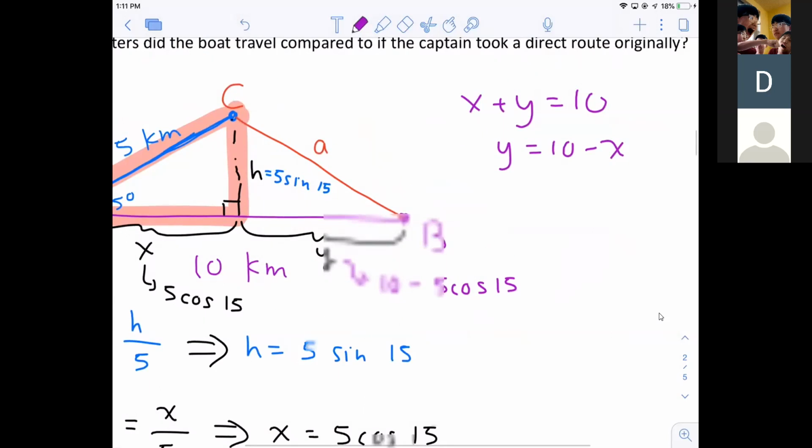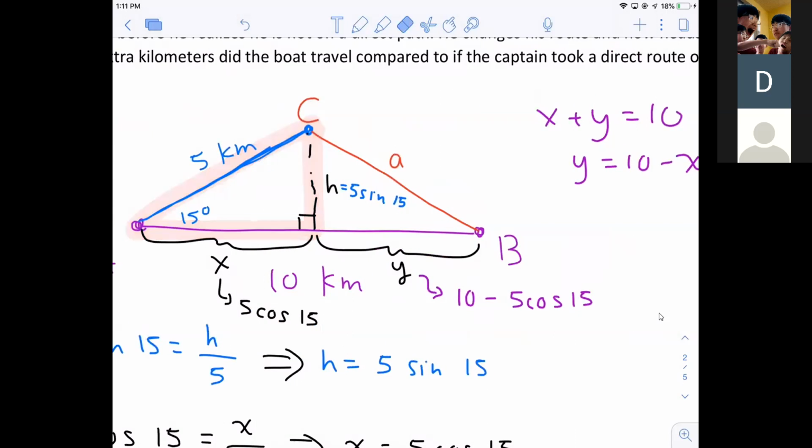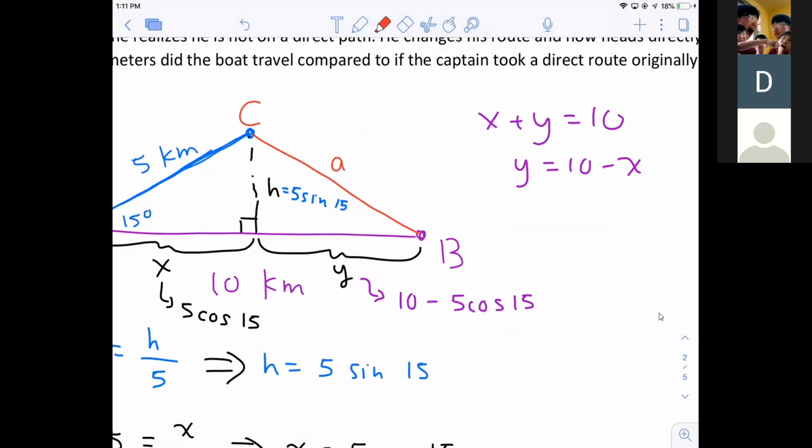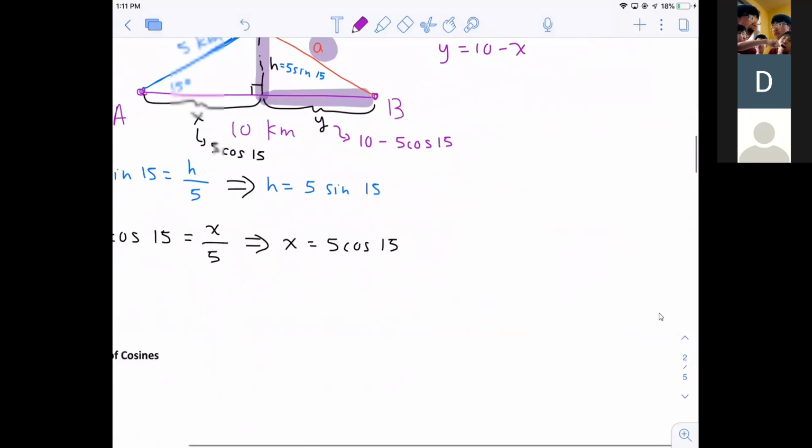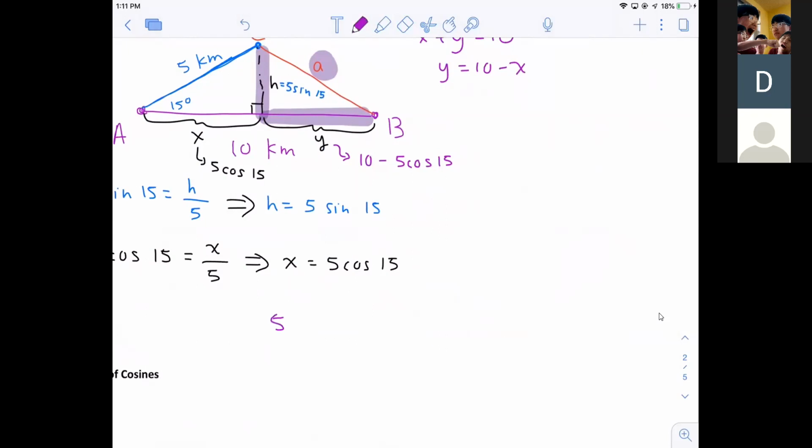All right, now we can use Pythagorean theorem and solve for the length of a. Right, because we know the length of h, we know the length of y, we can solve for the length of a. So solving for the length of a, we're going to say 5 sine of 15 in parentheses squared plus 10 minus 5 cosine of 15 in parentheses squared is equal to a squared.